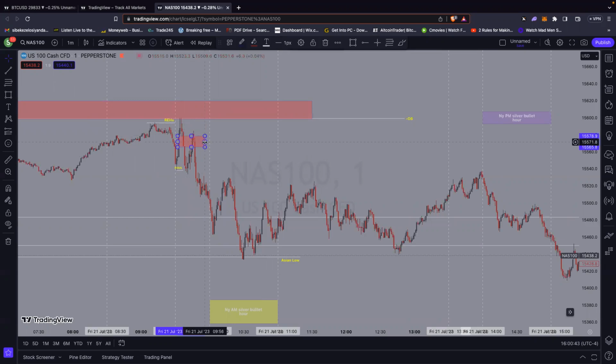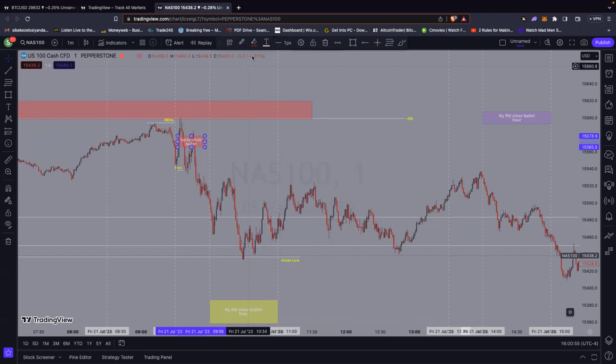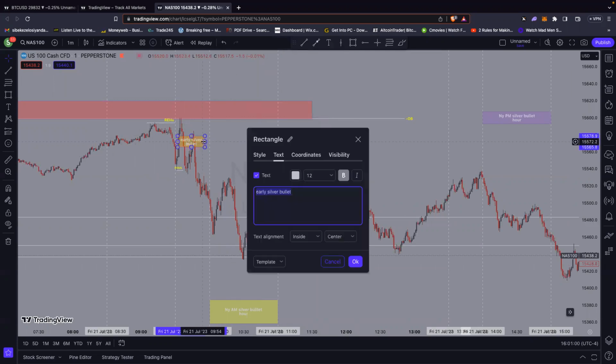This is your early silver bullet. I call this an early silver bullet because it took place before the silver bullet time window, but you'd see me sometimes annotating this as 930 fair value gap.